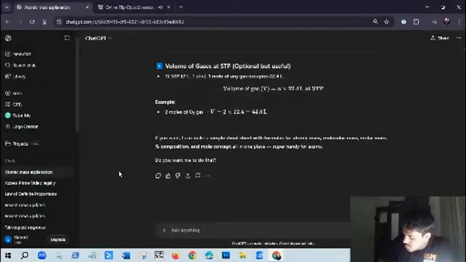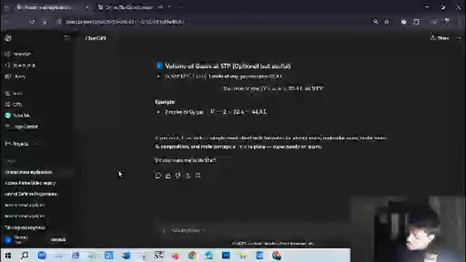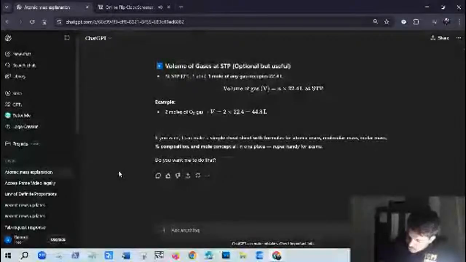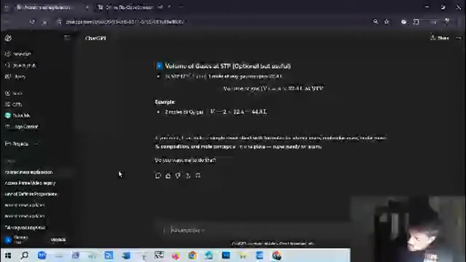So the x mole of C is 22. x is equal to 22 by 12, that's equal to 11 by 6.